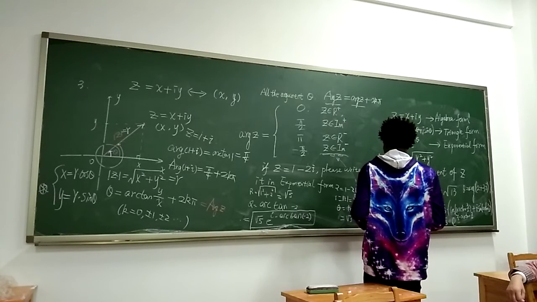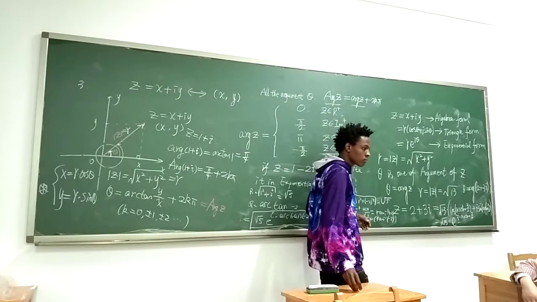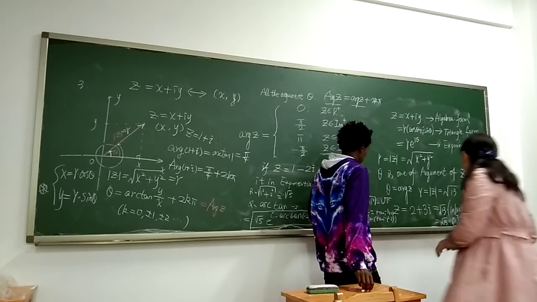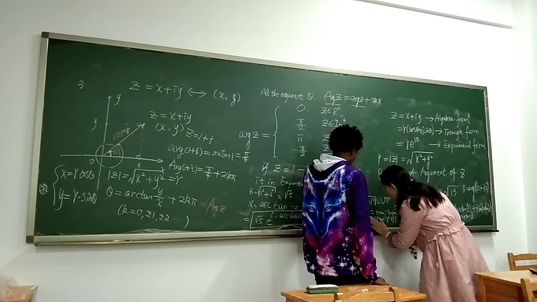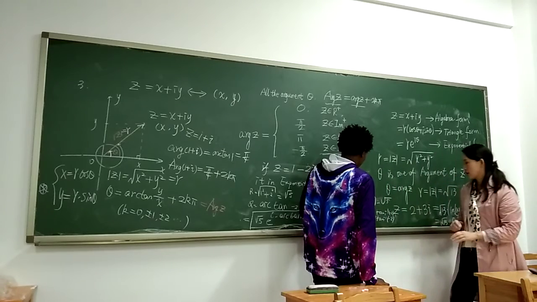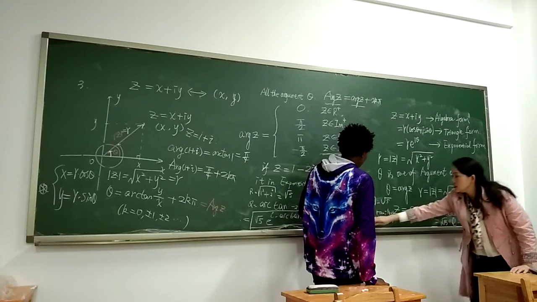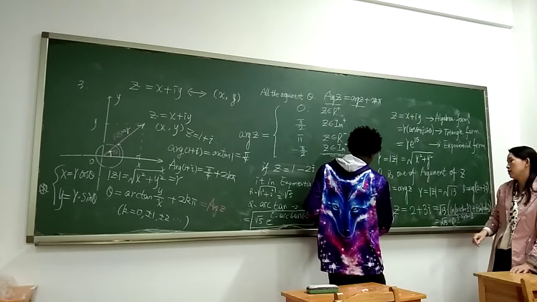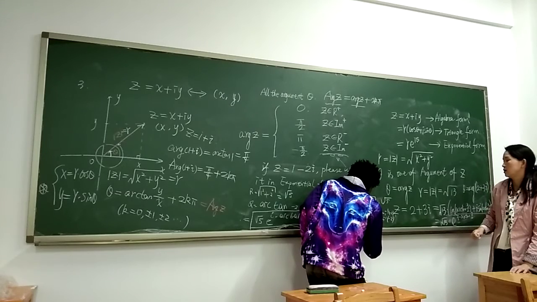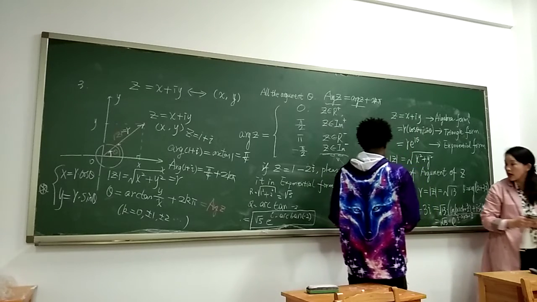You write this one? He's right. If you write e^{i theta} here, not cosine, this is theta, it is okay. If you want to write in this form, no e, no i. No e.